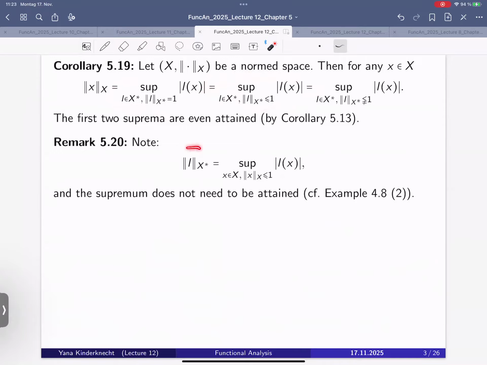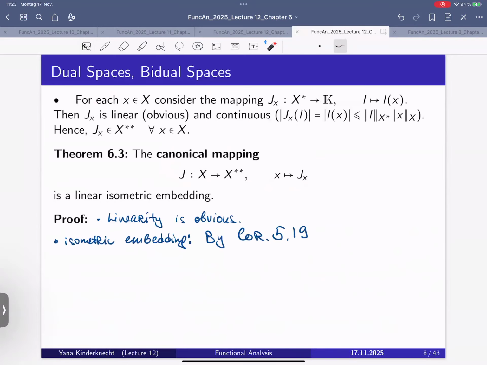So it's a dual picture. We have this, and we also have this. So by this corollary, let us calculate the norm of this element of the space X double star.